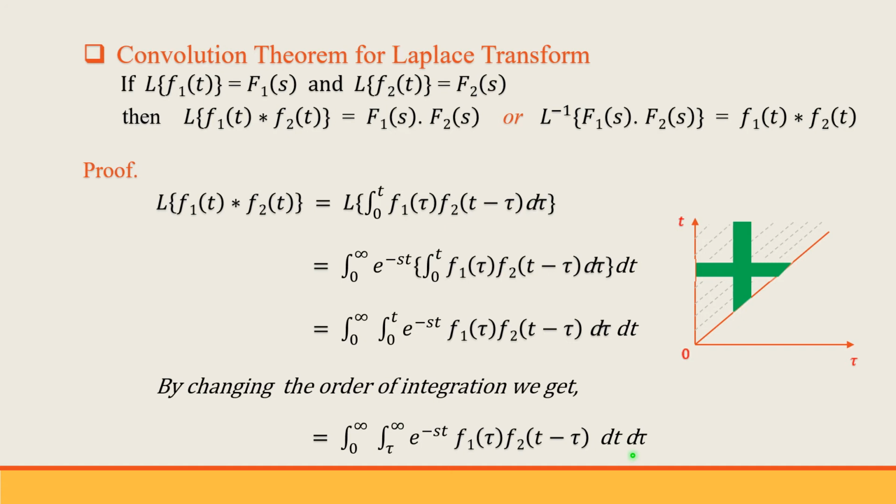See, here for dt, these are the limits: t equal to tau to t equal to infinity. And for d tau, tau equal to 0 to tau equal to infinity.